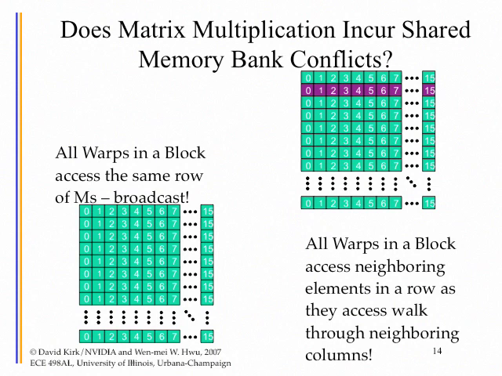When you have matrix multiplication, you load an M array and an N array into shared memory. So this is the 2D situation. You loaded two 16 by 16 arrays into the shared memory. Then the question is, do we have a situation where all the threads are walking through the rows simultaneously?